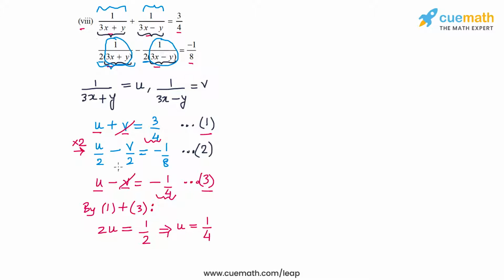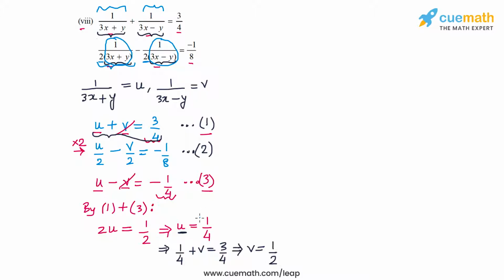Now that I have u, I can substitute it into the first equation. So we get 1 by 4 plus v equals 3 by 4, and this means that v is equal to 3 by 4 minus 1 by 4, or 2 by 4 or 1 by 2.